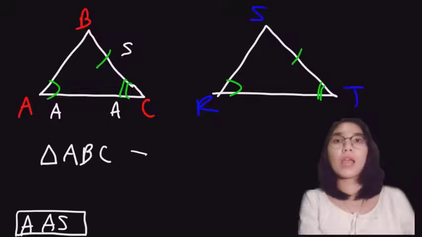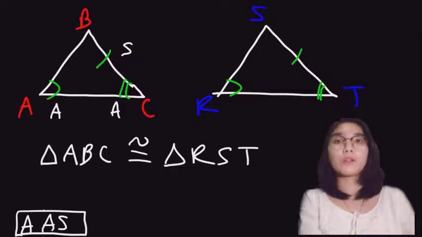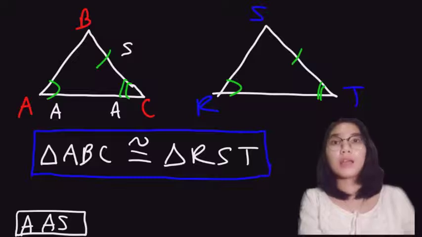So we have angle, side, and angle, so we could use the ASA postulate, angle side angle, to say that triangle MNO is congruent to triangle GHI.